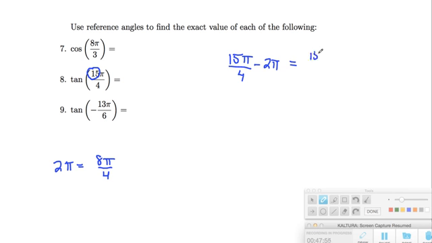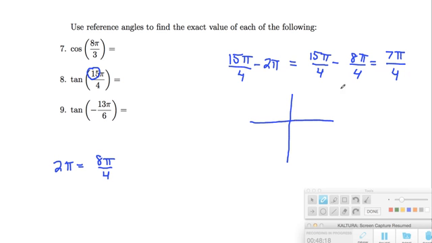This is 15 pi over 4 minus, if you've got a denominator of 4 again, it's 8 pi over 4. So keep the common denominator. 15 minus 8 is 7. So this is 7 pi over 4. 7 pi over 4, notice, is just 1/4 short of being a full 2 pi rotation.